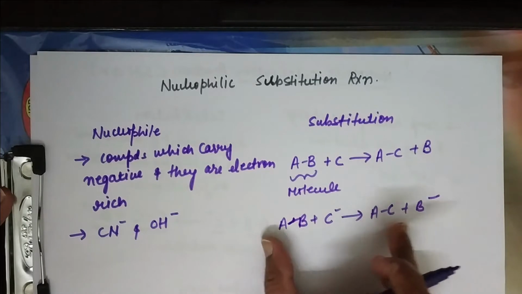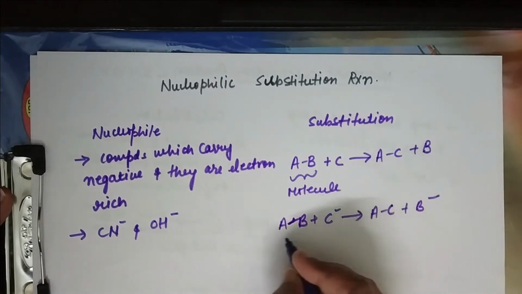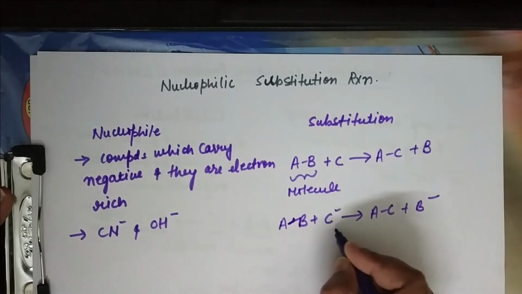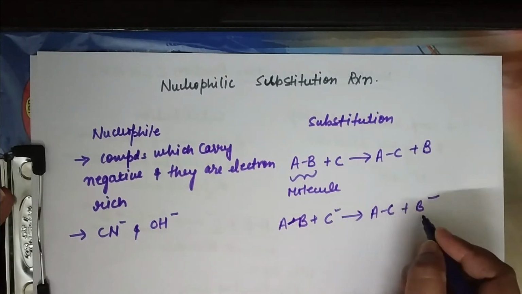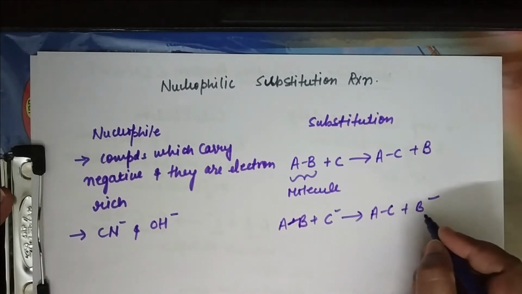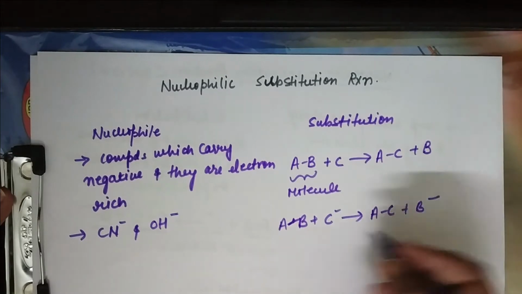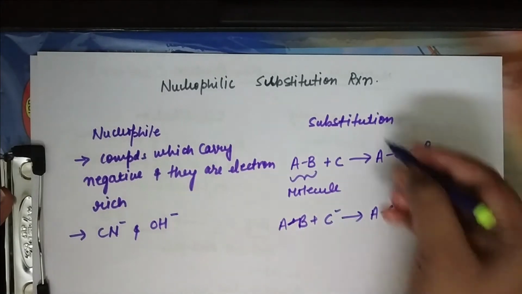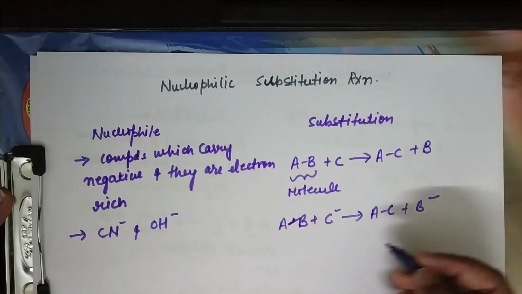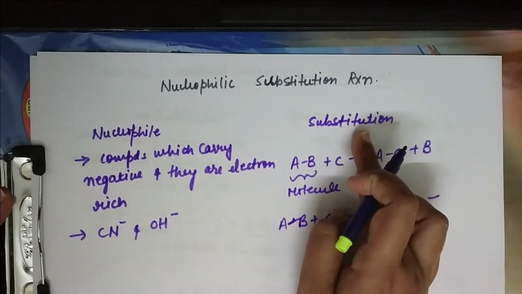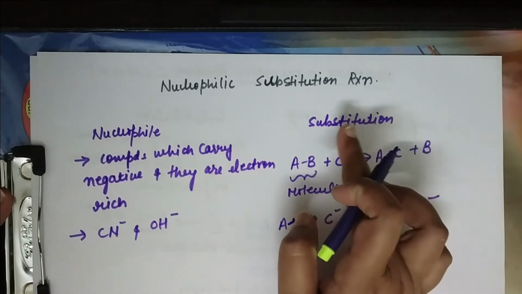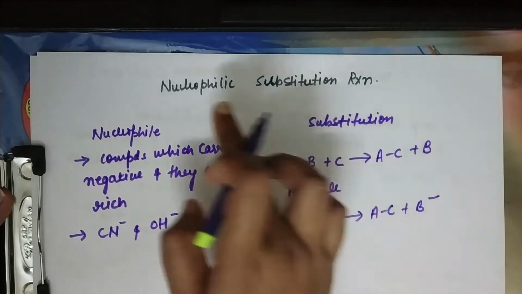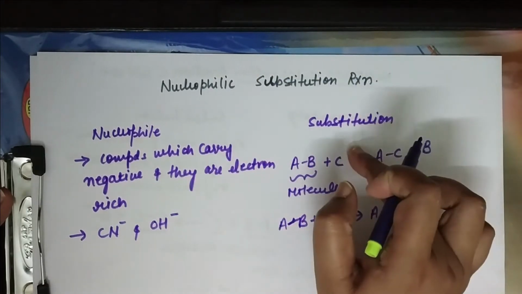Here AB molecule reacts with C, a nucleophile having a negative charge, and C will replace the B, and B will act as a leaving group, meaning it has to leave the molecule. So this is the substitution process where one atom or functional group is replaced by the nucleophile. That is called the nucleophilic substitution reaction.